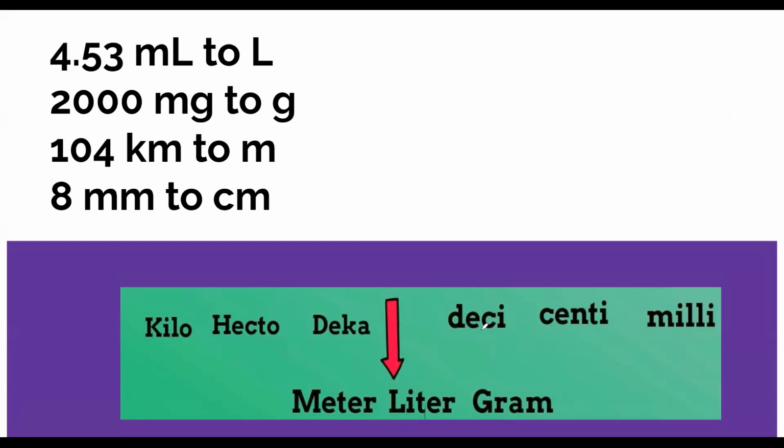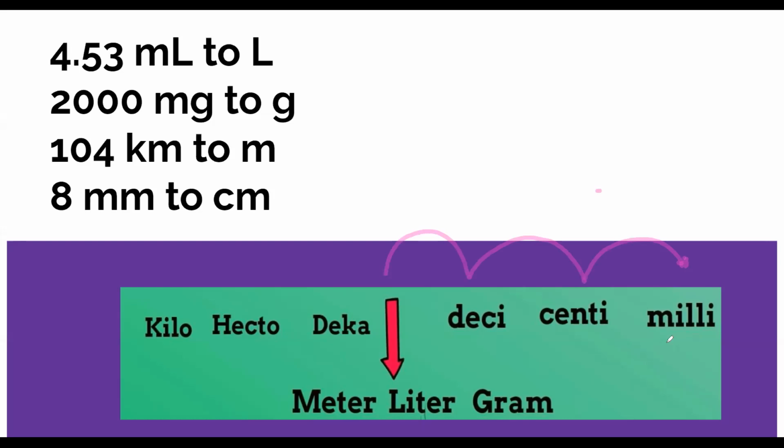If I'm talking about 4.53 milliliters and converting it to liters, my milliliters is going to start here, and then my liters is going to be where my base is, or the B in the saying. So I'm jumping 1, 2, 3 spaces to the left.